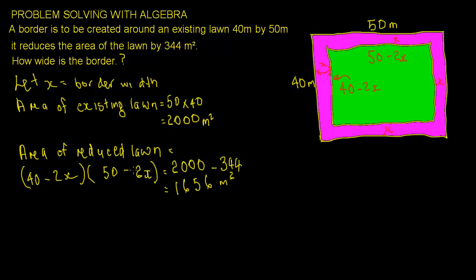So there we are, we have an equation in x that we need to solve to find the width of the border. So we must multiply this all out.